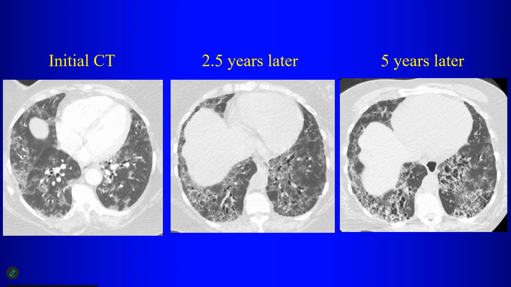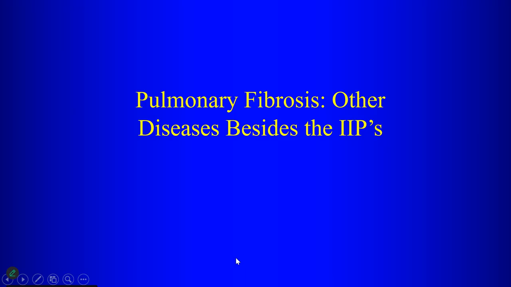With these interstitial lung diseases, you can see this progression of disease. Patients can start with a picture of organizing pneumonia that then progresses to what looks like NSIP and then progresses to UIP. So sometimes it just depends when you catch them, whether you get them here or earlier.